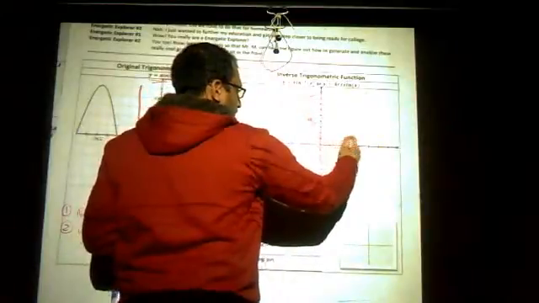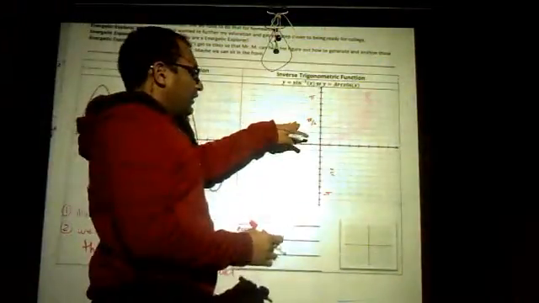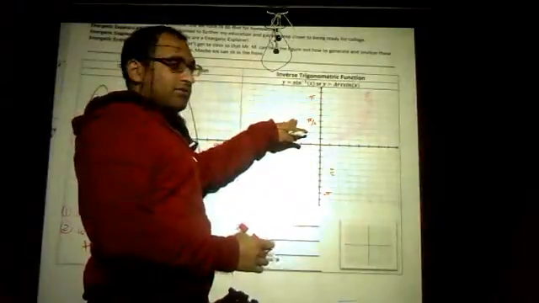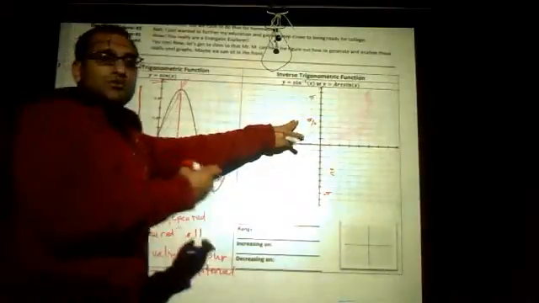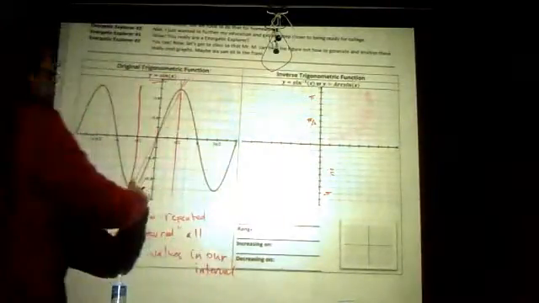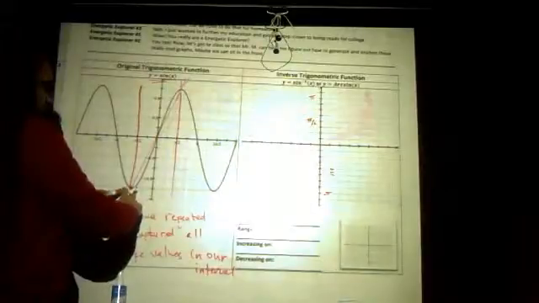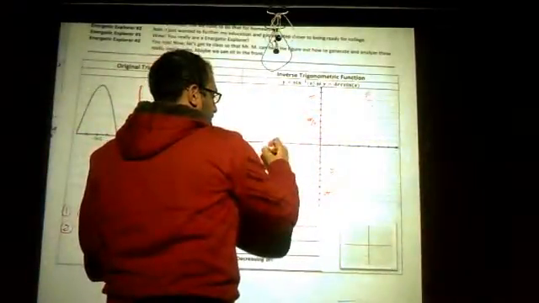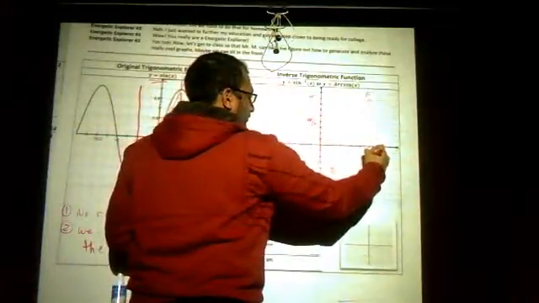Because we restricted our domain from negative pi over 2 to pi over 2, we know that our minimum and our maximum are included in the graph of the inverse. So that's from negative 1 to positive 1.